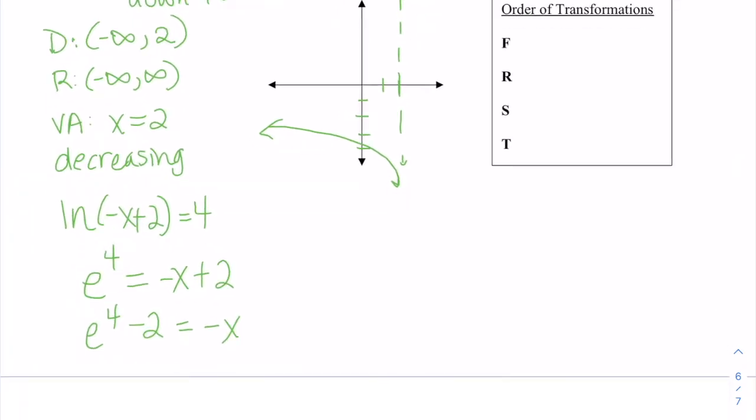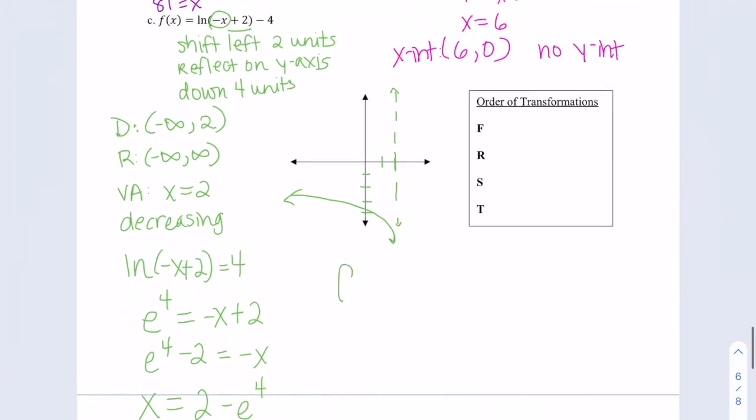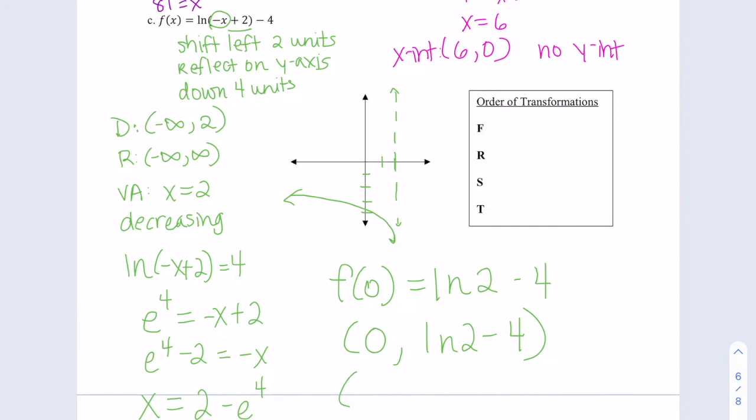So it ends up being x equals 2 minus e to the 4th. So that's going to be our x-intercept. And our y-intercept is when we plug in 0. So that's just going to be natural log of 2 minus 4. So (0, natural log of 2 minus 4) is our y-intercept, and our x-intercept is (2 minus e to the 4th, 0).